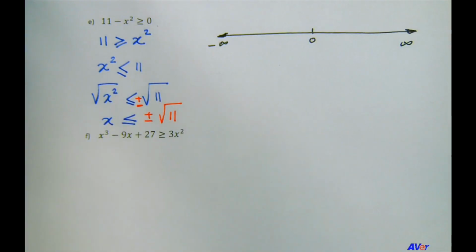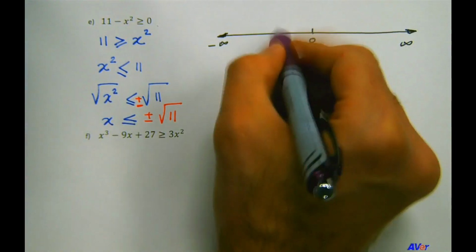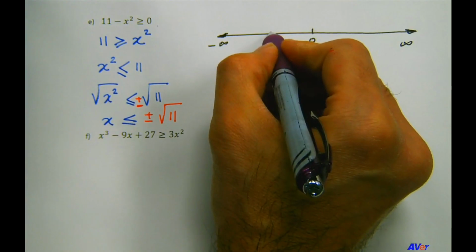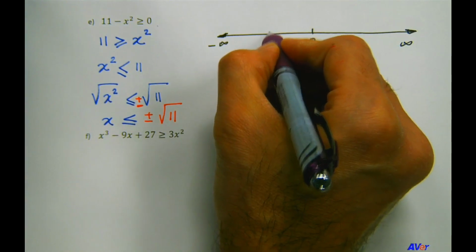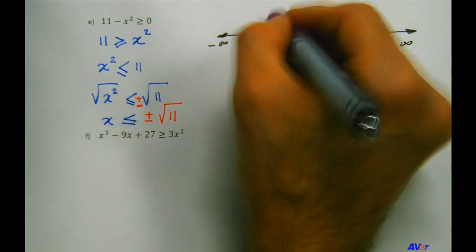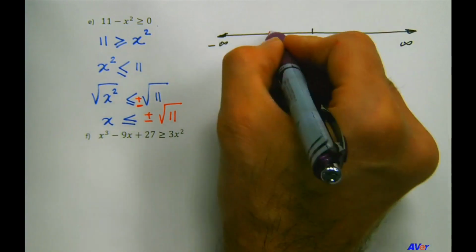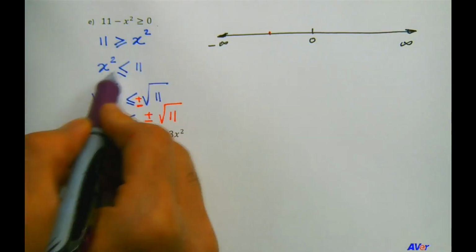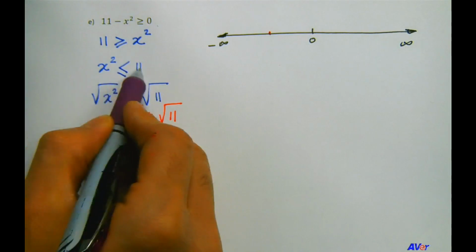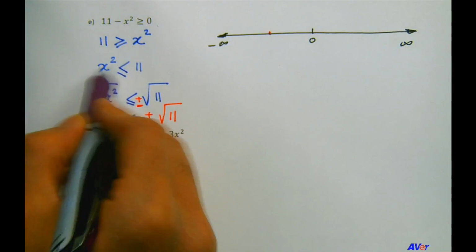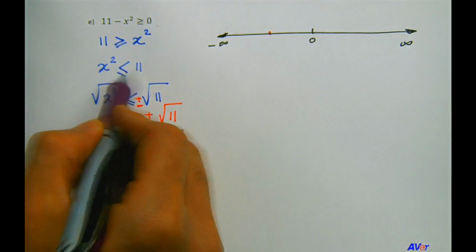The left side should be less than or equal to 11, right?